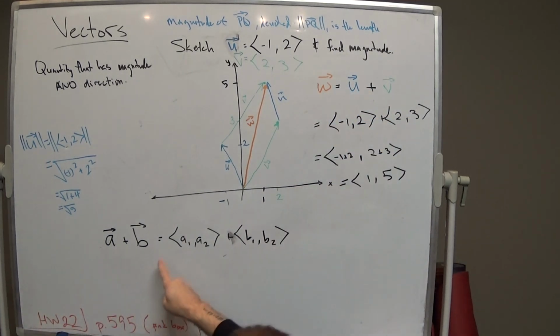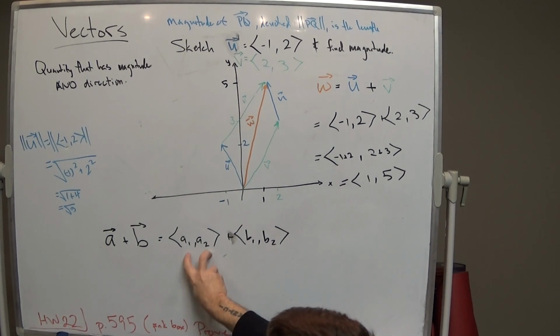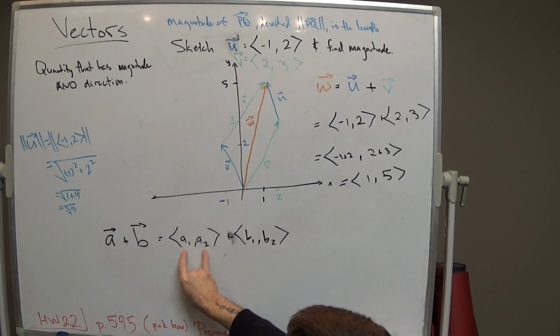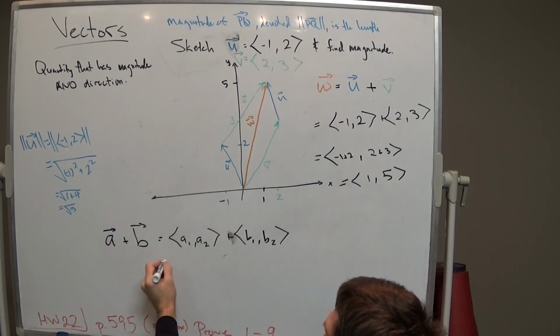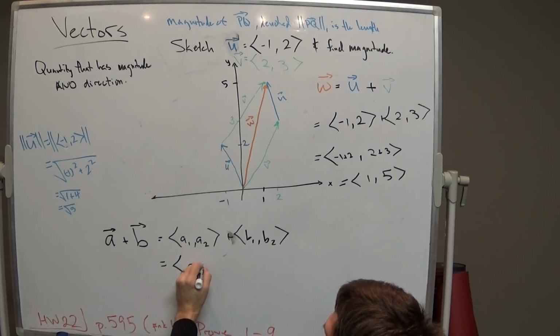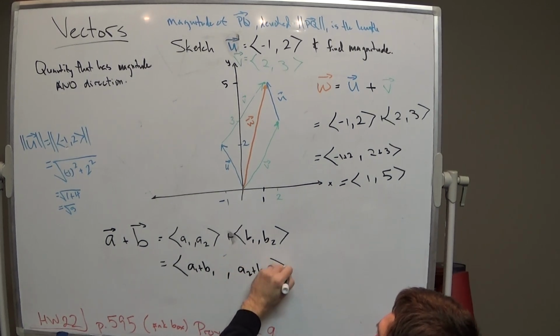Every single vector defines a point. You might not know what point that is, but guess what? It has 2 coordinates, right? And so give them names. Since that's called A, why don't we call this A1 and A2? Since that's called B, why don't we call this B1 and B2? And the rule is that you just take the first components and add them, you take the second components and add them. Okay?